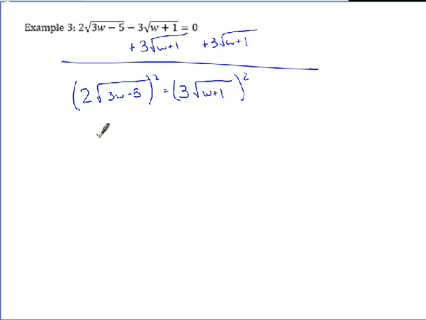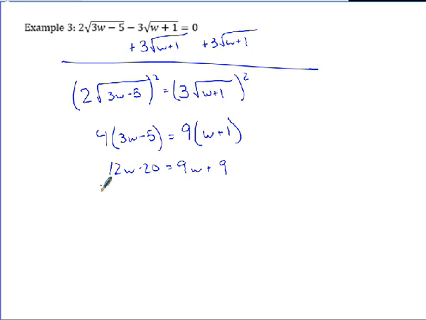So 2 squared is 4, so now I have 4 times 3w minus 5. And over here on this side, 3 squared is 9, so I would have 9 times w plus 1, because the squared and square root part would cancel each other out. Okay, so now this is an Algebra 1 equation again. So I'm going to distribute: 12w minus 20 equals 9w plus 9.